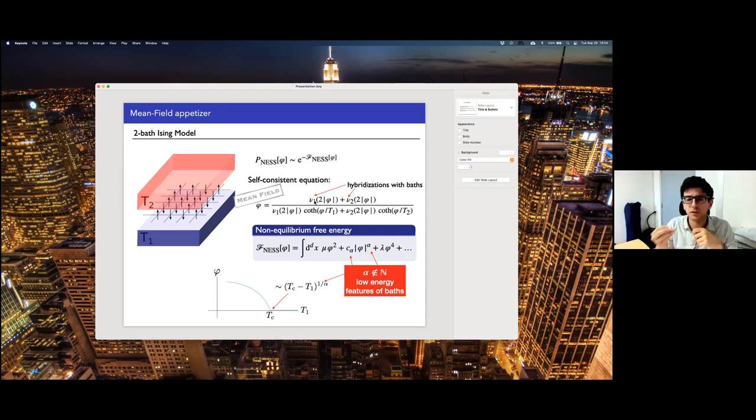No, you're talking to a bath and you're exchanging energy with the bath. Maybe this bath is at zero temperature, fine. The spectrum of the bath will change your dynamics, correct? Depending on whether there is room for you to borrow energy, whether there's a state for you to borrow energy or not. And this information is going to be encoded in this hybridization function, which is basically the spectrum of the bath.